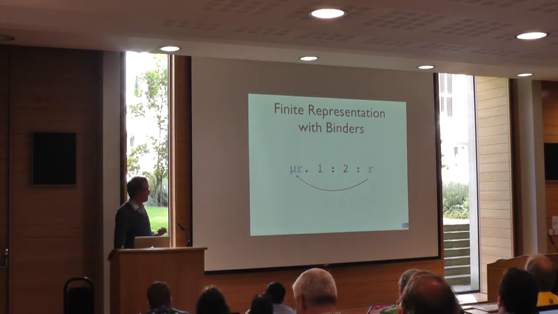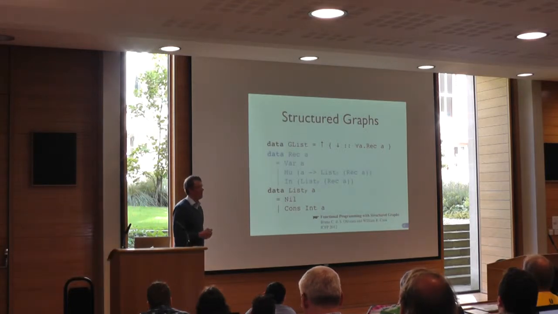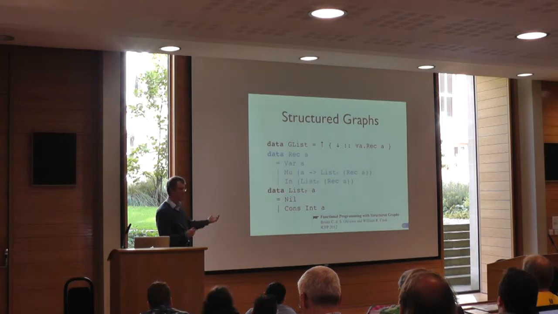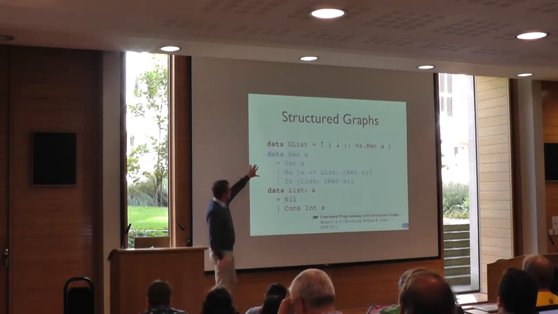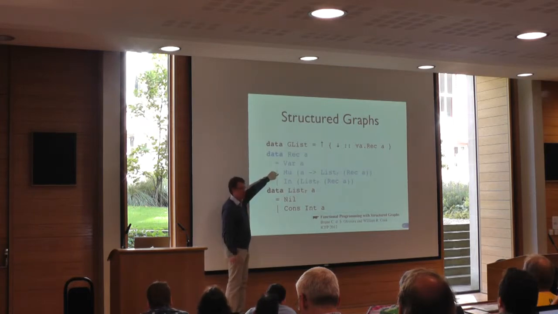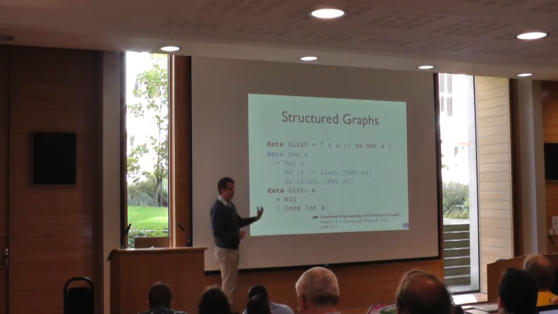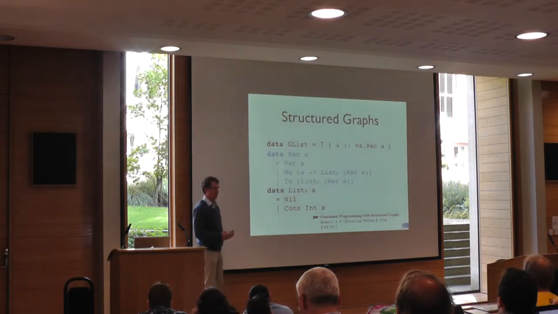So we're going to make the binder a bit more explicit by using the structured graph representation that Bruno has come up with and is going to present in a couple of weeks at ICFP. Here we're using this explicit representation of binders with the Rec data type, where we have this new constructor, Mu, that indicates that we have a binder. We have a Var constructor which indicates that we have this expression that is a bound variable, bound by some binder. And then we have another constructor, In, that is going to mark all the occurrences of the constructors of the rational term.